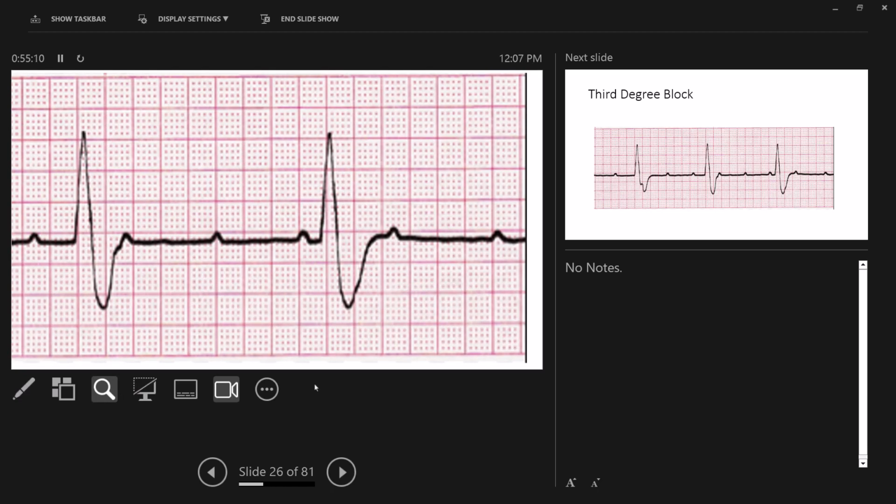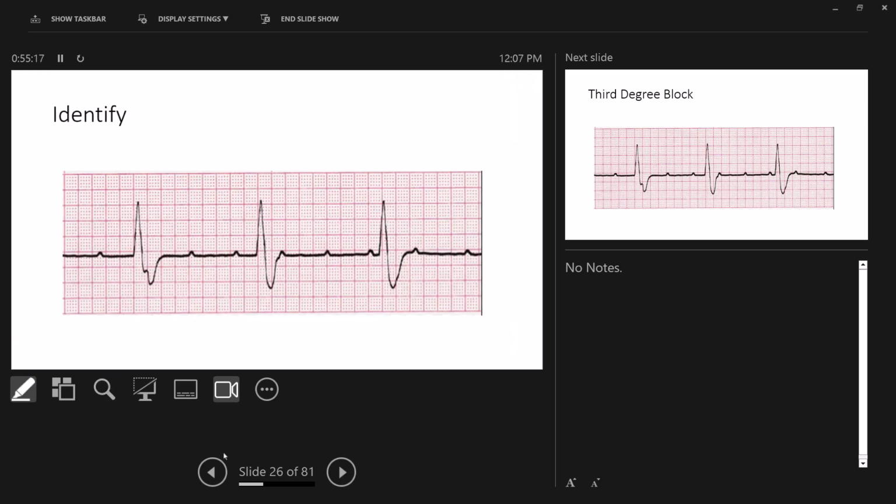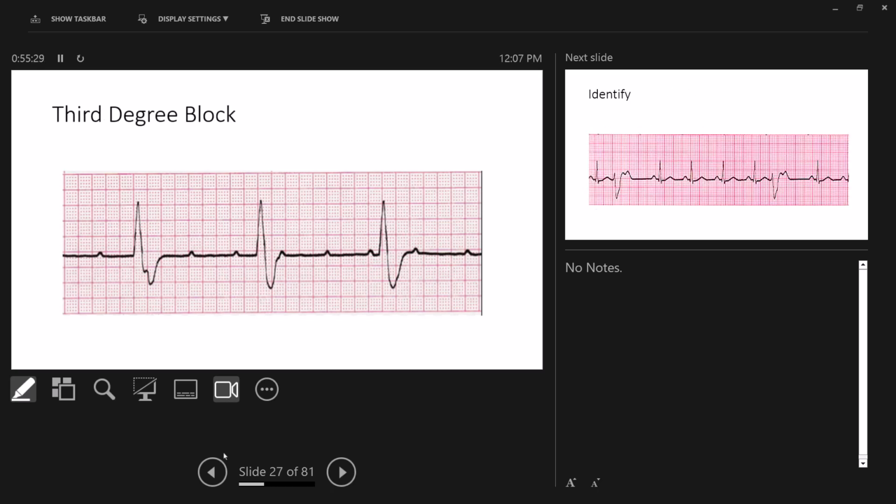I mean, is that PR interval wide? No. Okay, so it varies. QRS width. It is wide. What is this rhythm? This is third degree block. Remember, third degree block, you have no consistency or no pattern in the PR interval.